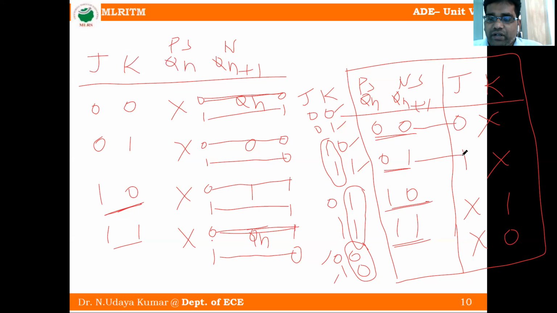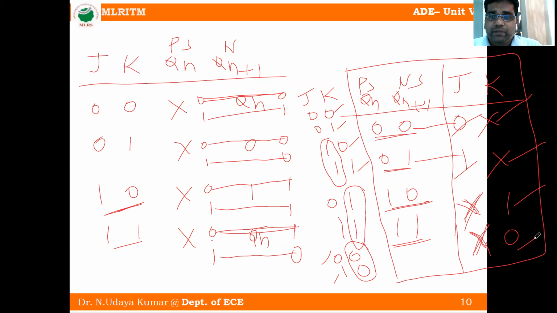Then complement the last two terms. The K term is just the reverse. So first don't care, then the other don't care, then 1, then 0. You have to remember it like this as a shortcut method.